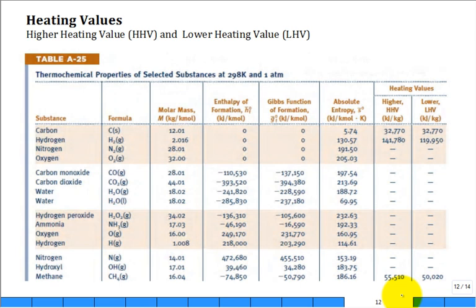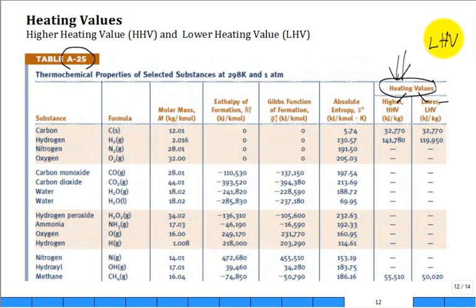Heating values. If you take a look, you can figure out the heating value of particular fuels. These are tabulated in Table A-25. Look way over here. There's heating values, but look at it. It looks like there are two columns of numbers. You have the lower heating value, abbreviated LHV. I wonder how that came out.